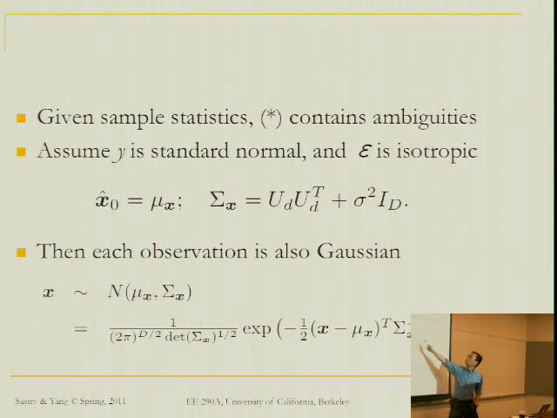And then this one becomes the identity matrix. So then each observation is also a Gaussian distribution that can be written down like the following. Agree?